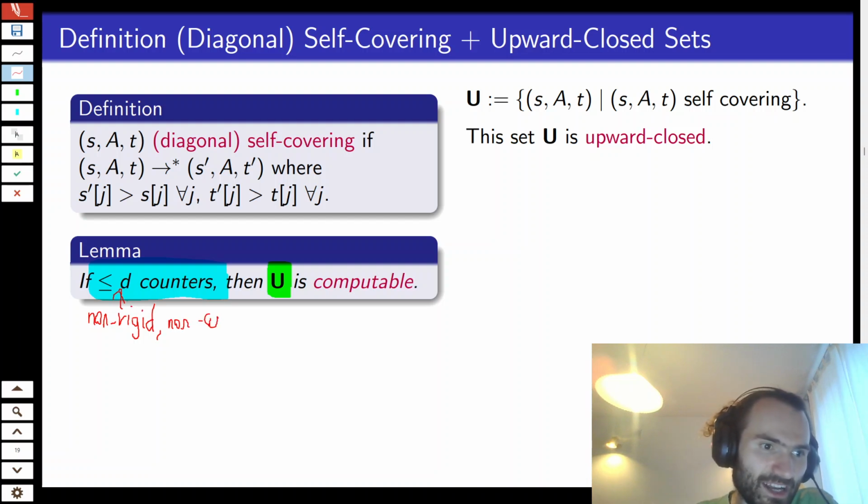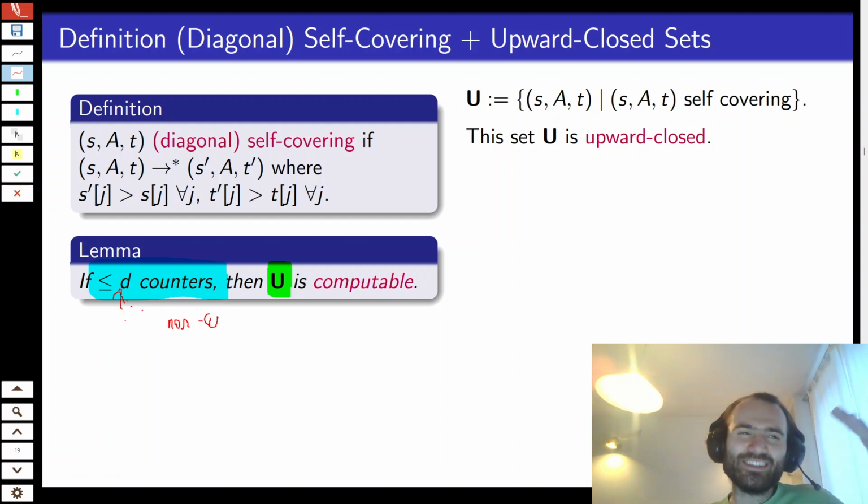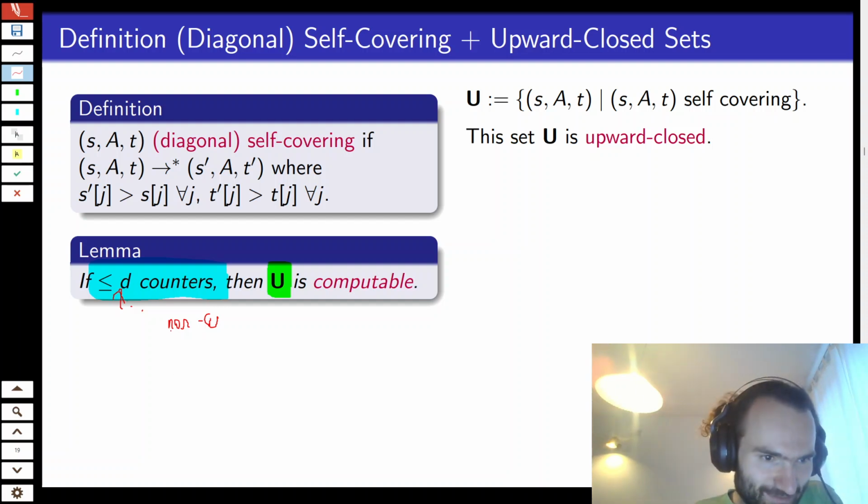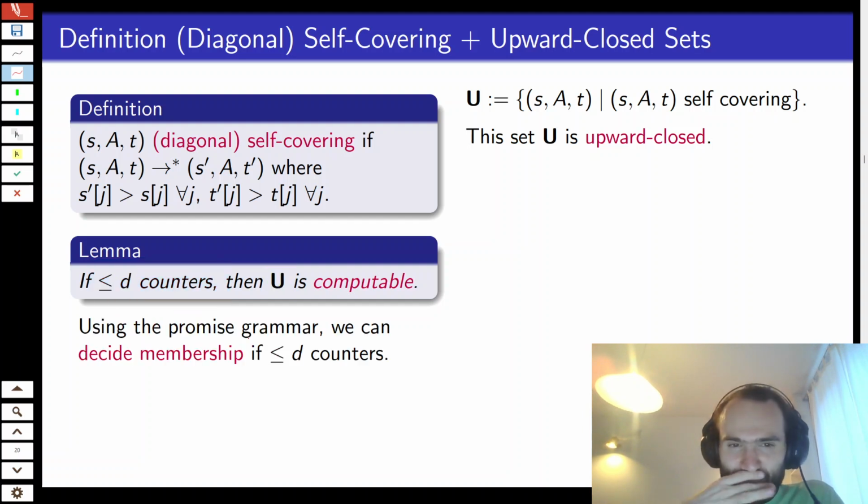But again, imagine that there is no rigid counter. Those are the ones where you are not monotone, but on your self-covering they really don't matter at all, since the counter is rigid so you cannot change it anyway. And the omegas you can just project away, so don't care about those. You can really think that you have normal configurations.